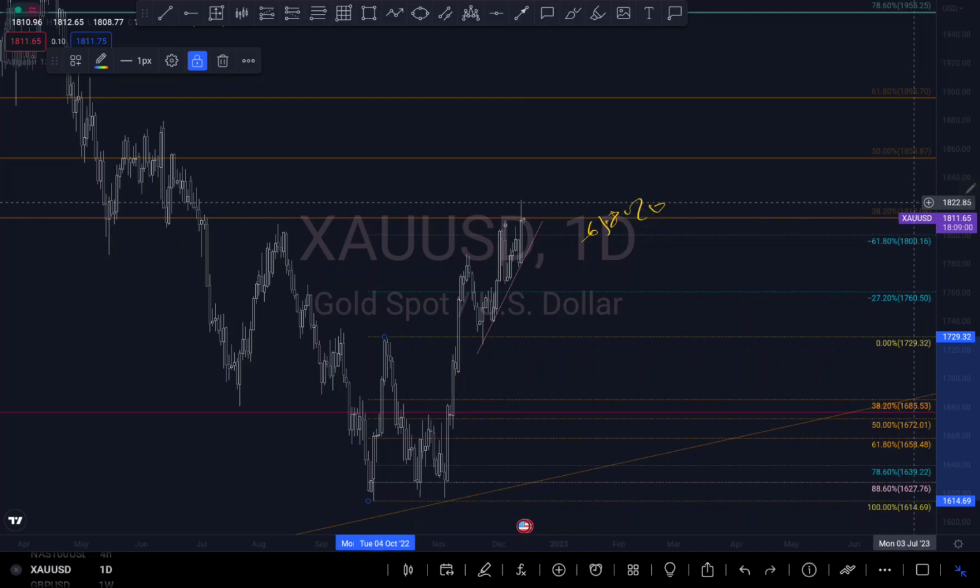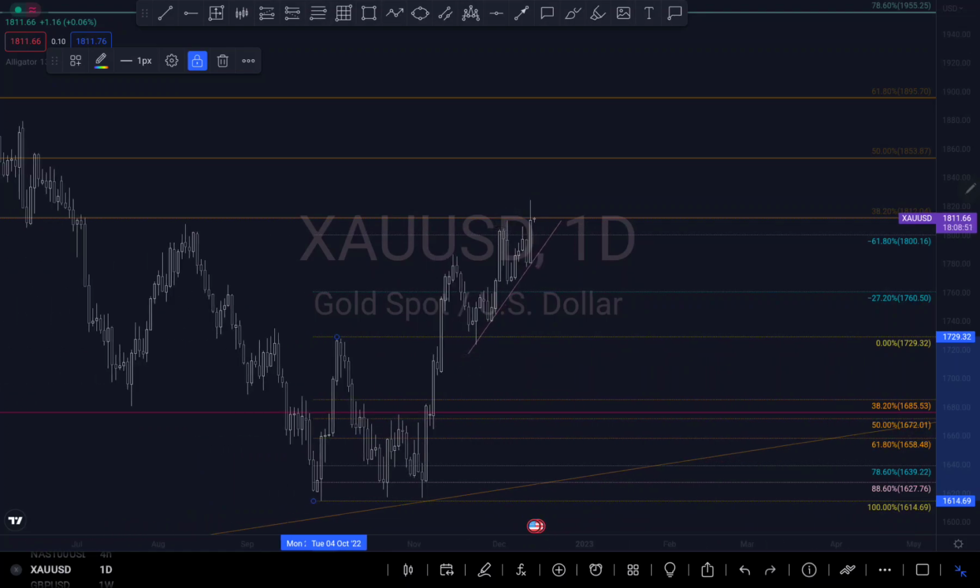And I also saw, let me zoom out on this, 61.8, right? And I also saw an engulfing candle right here, so I was really expecting a drop.